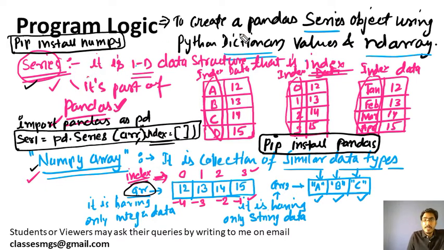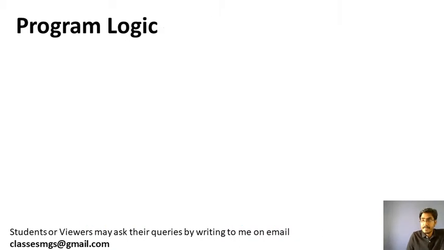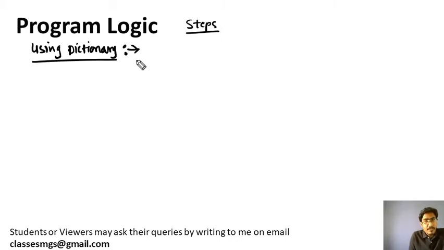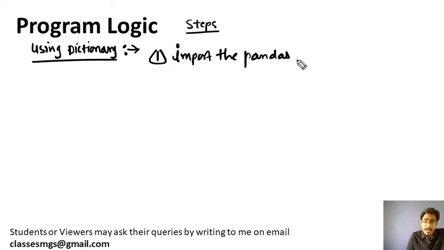Now we will see how we can implement this program step by step. Let's get started with the steps. First we will discuss the steps for using a dictionary object. There are two ways. Using a dictionary, the first step is to import the pandas library in your program.